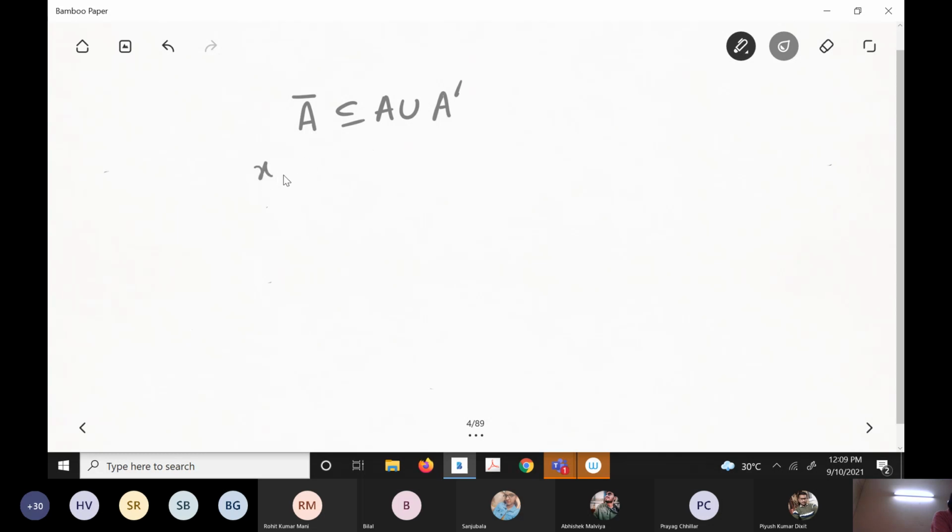So you start with x belongs to A bar and suppose x doesn't belong to A. Then you'll have to show that this implies x belongs to A prime. That means I can write it this way, A bar minus A.